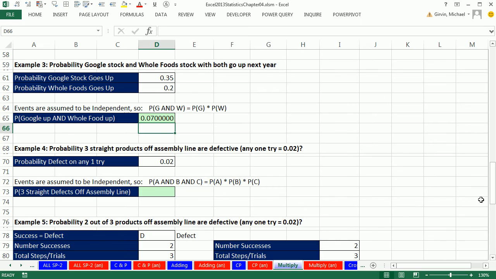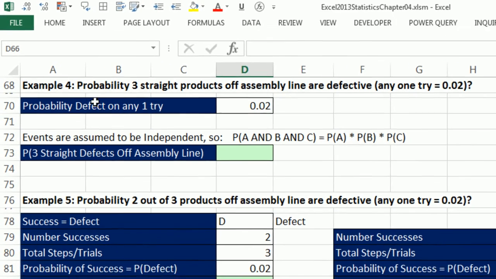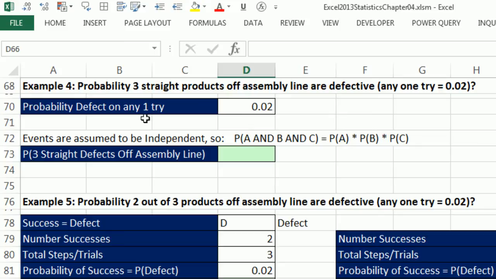Now let's look at our next example. Example number 4. We want the probability that 3 straight products off an assembly line are defective. From past data, they've determined that about 2% of the products are defective, so this is assumed to be an independent event.